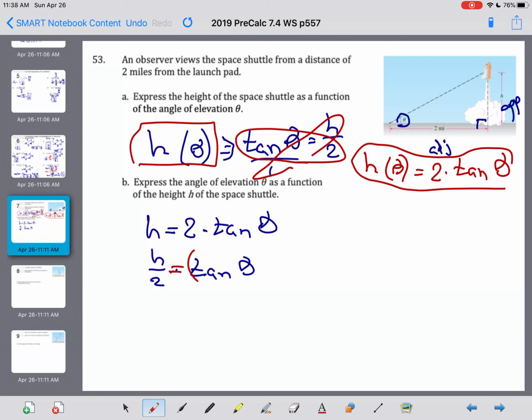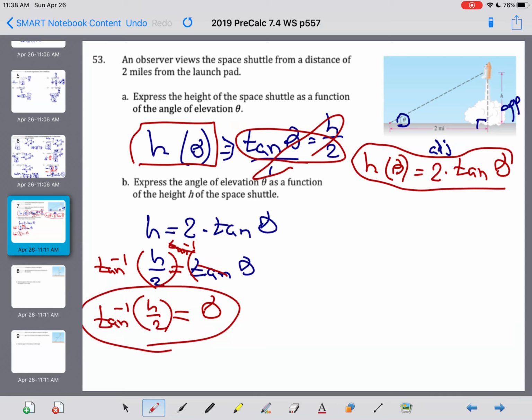Oh, that should have been equal. So this is tangent inverse and tangent inverse. Now we know that this cancels that, so I get theta is going to equal tangent inverse of h over 2. And that is my function for finding the angle knowing the two bits of information.